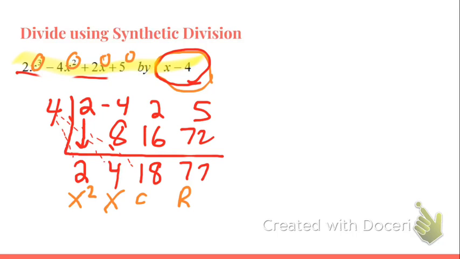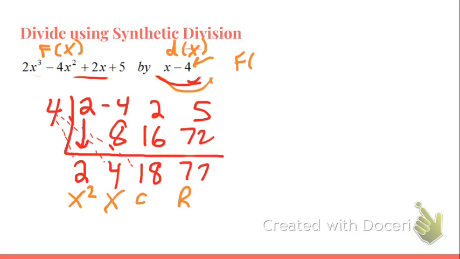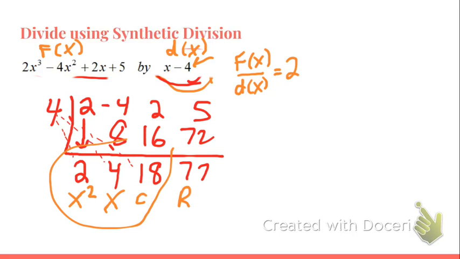So that means that if we call this function right here f of x, and we say d of x is this, what we're dividing f of x by, is x minus 4, then we could say f of x over d of x is equal to this quadratic, 2x squared plus 4x plus 18, but because x minus 4 didn't go into that cubic evenly, we have a remainder, so plus 77 over the divisor, x minus 4.